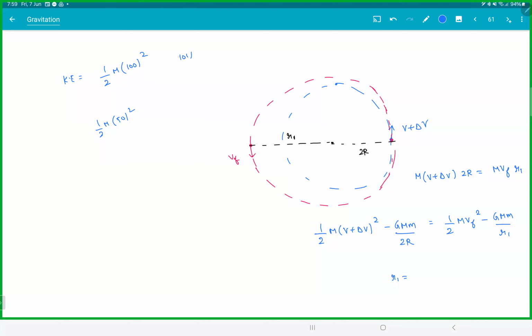If 100 becomes 101 square and 50 becomes 51 square, in which case did you gain more energy? 101 square, isn't it? That means you should switch on your rocket always at the point with the maximum speed. You're getting it? When you're going in an elliptical orbit, this v final is the minimum, no? This is your minimum speed in the orbit, isn't it?